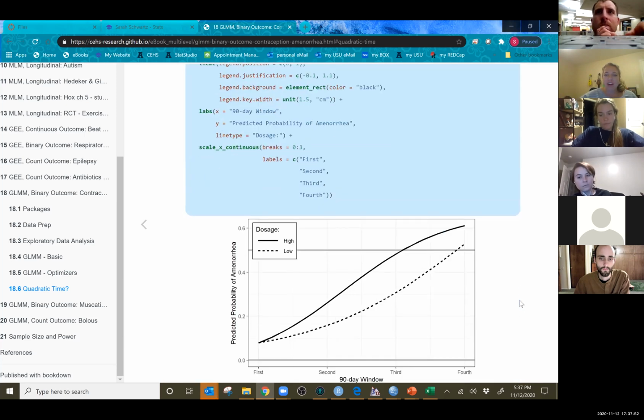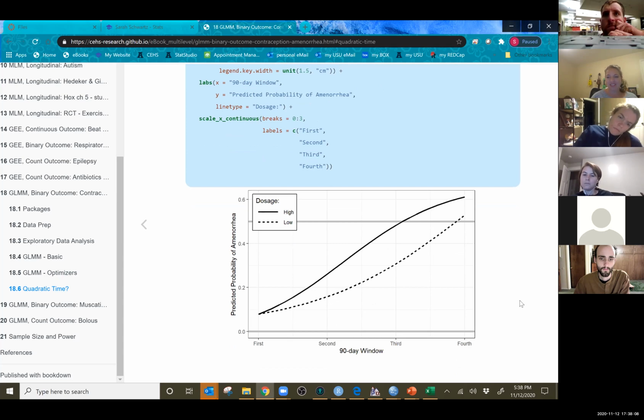Okay, so here is when I plot that model. Does this tell the same story we had before? Not exactly, because they don't run parallel.